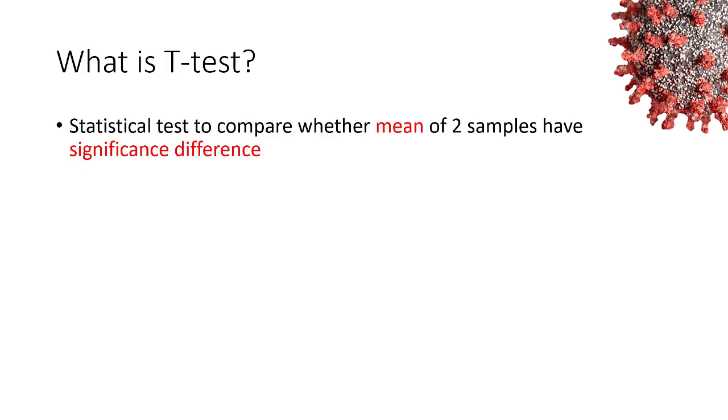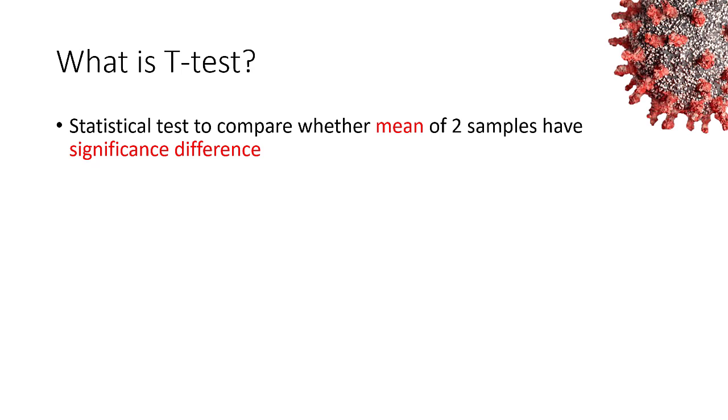A t-test is a statistical test to help us compare whether there is a significant difference in the mean of two samples. You see the two words highlighted in red, you might not know their meaning. First is mean, then there is significant difference. So what is mean? Mean is actually a form of average. There are three types: mean, mode, and median.